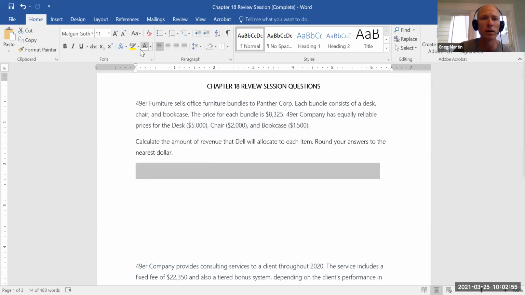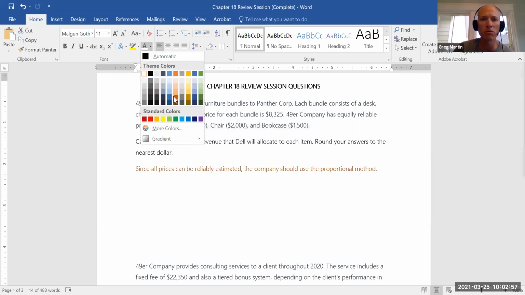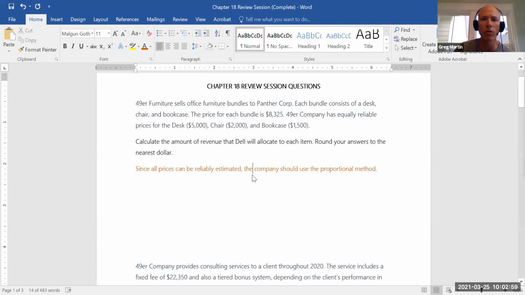With any of these problems, the first thing you have to figure out is, what sort of method should we use? Since all the prices can be reliably estimated, the company should use the proportional method. The proportional method approach is you add up the individual fair values or prices, and then you apply each item's proportion of that price to the sales price.